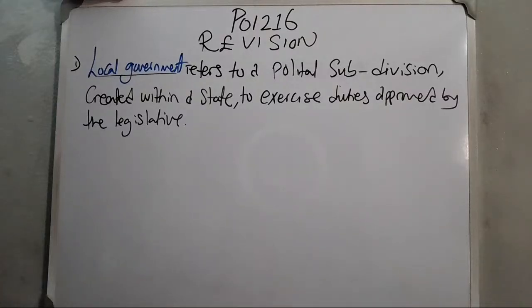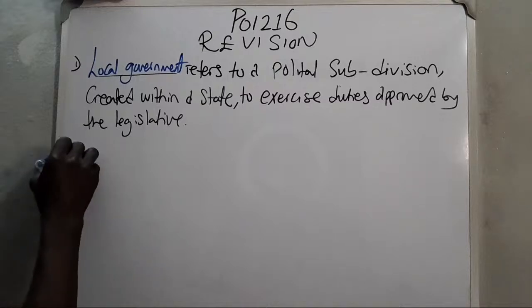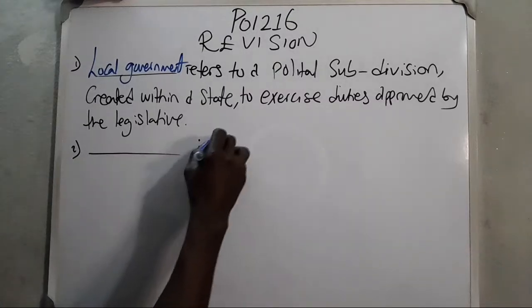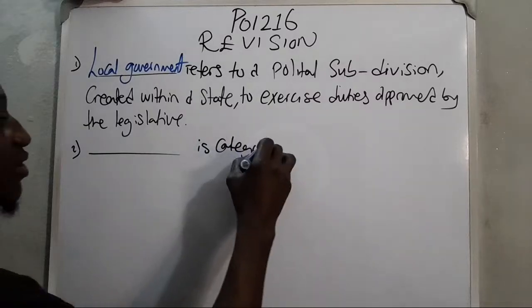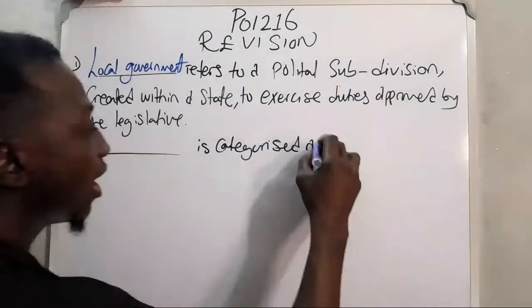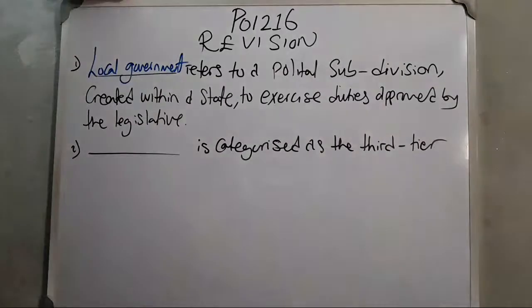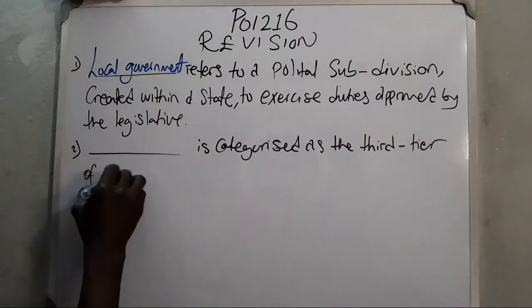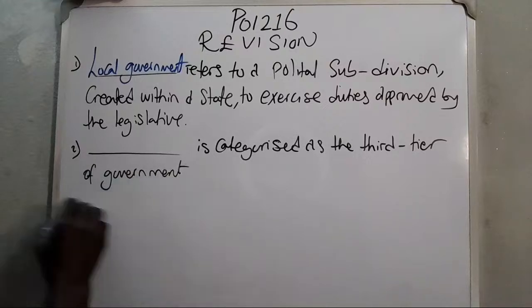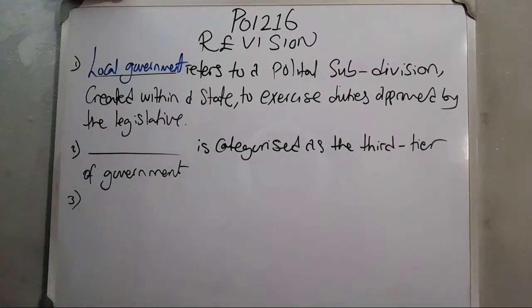Now let's continue. We have dash is categorized as the third tier of government. Dash is categorized as the third tier of government.